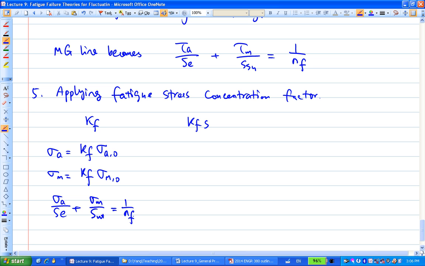That's where you substitute. If it's a torsional fluctuating stress, same thing. So tau a will be Kfs times tau a nominal, and tau m will be Kfs times tau m nominal. So this is what we use.